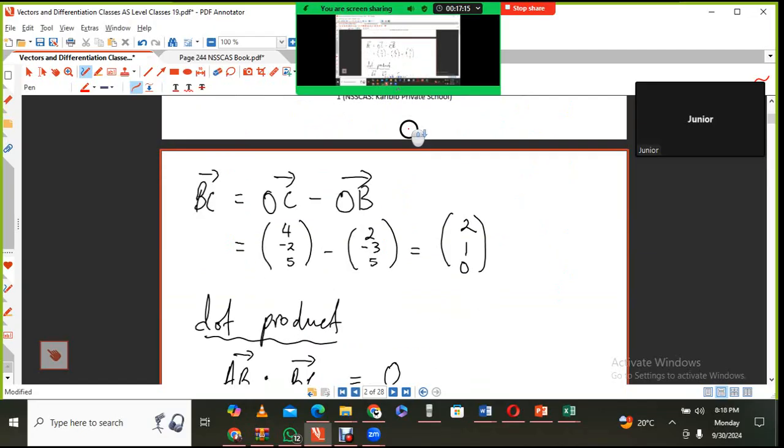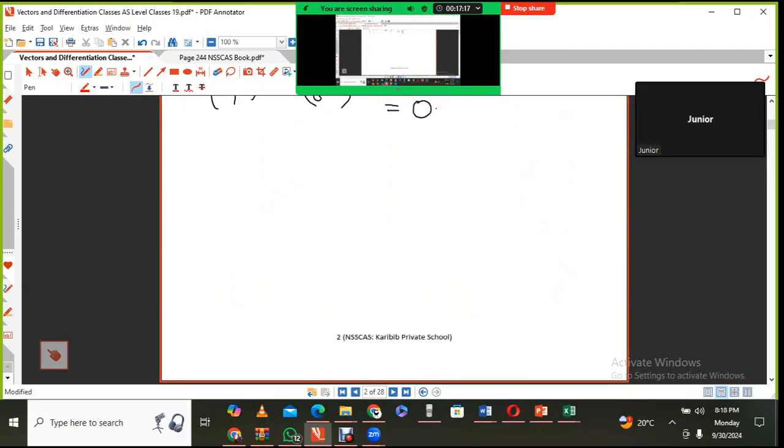Right. So let's go back and let's find the magnitude of AB. Now remember, AB from our previous work was (3, -6, 9). And the magnitude, the modulus of that, you just take Pythagoras.